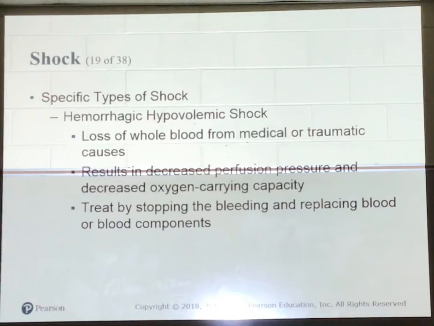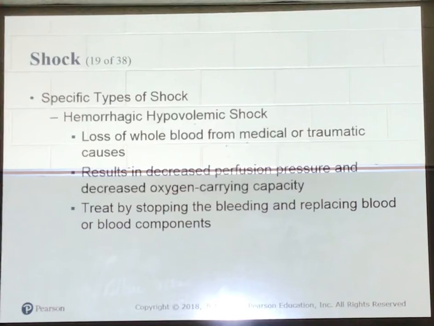All right, the term hemorrhagic specifically indicates whole blood loss that can occur from a traumatic injury or medical illness. Medical causes of hemorrhagic shock include GI bleeding, uterine bleeding, aortic disease, ectopic pregnancy, and esophageal disease.